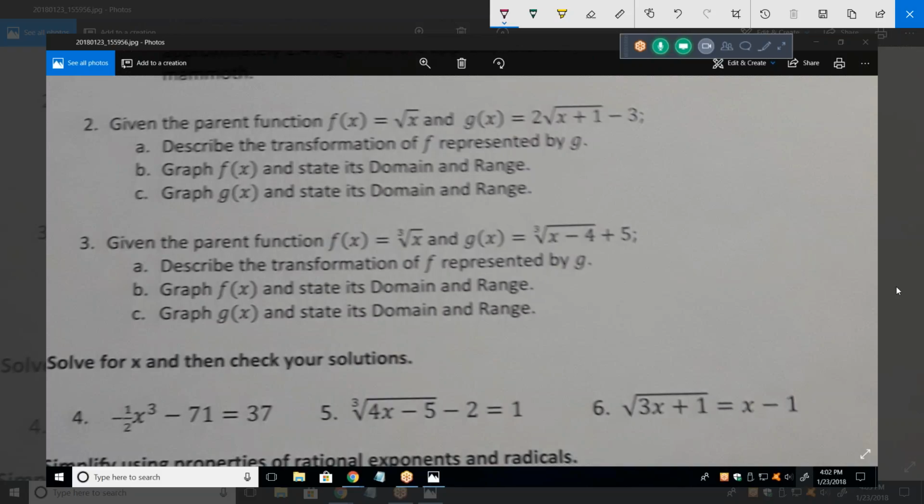So domain refers to which variable? The x. Correct, always. So you could figure it out without the graph, but let's see if we can figure it out with the graph. If you look at the graph, what's the domain?